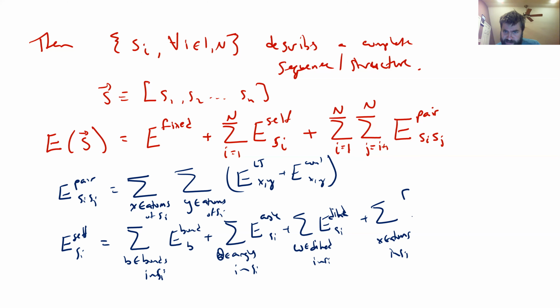And we need to include the non-bonded interactions of those atoms, both with other atoms in Si, as well as atoms in the fixed portion. I won't do the parentheses there. It might just be a little bit clearer if I separate them out.